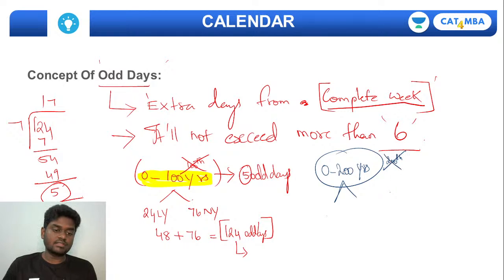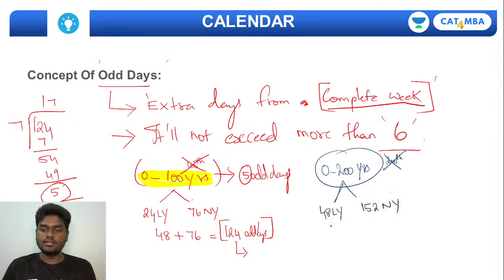So I'll not have 50 leap years. I'll have 24 plus 24, 48 leap years, and the rest, 152 normal years. Now quickly try to find the number of odd days for 200 years.